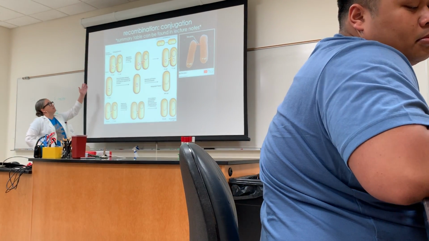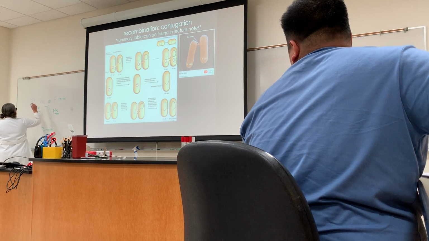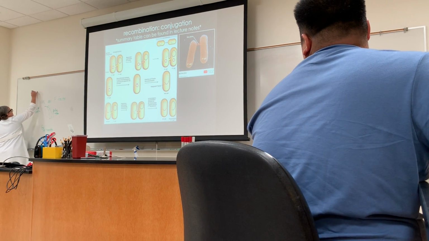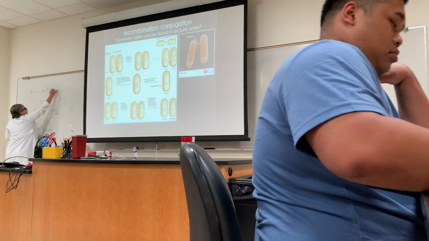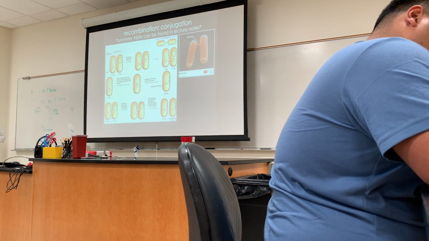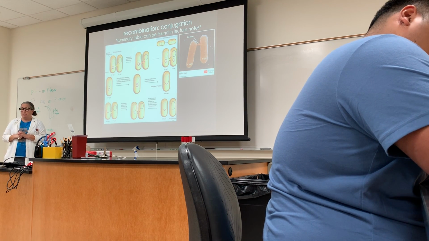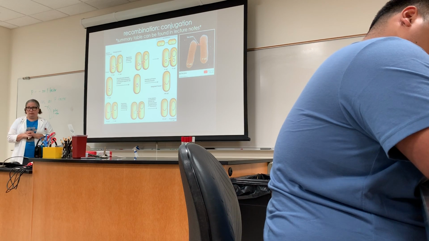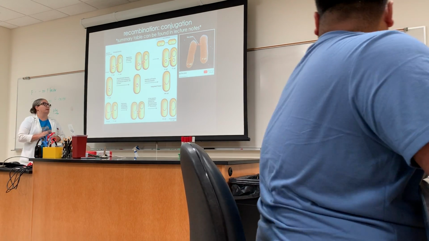So this is very simple, right? F plus encounters F minus, which means that he has no F factor. And the end result of that friendship is 2 F plus cells. There is, by the way, a summary table in the lecture notes that you can see that statement written out in.